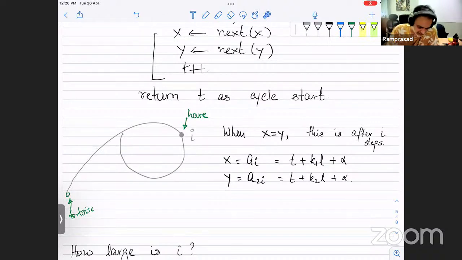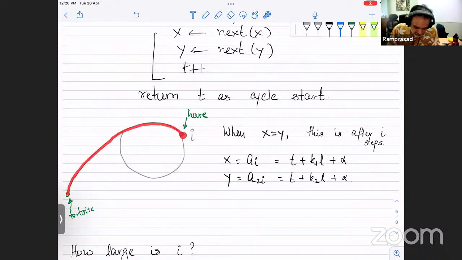So think of it this way. The first part of the algorithm, where the hare was moving twice as fast as the tortoise, at some point the tortoise slowly took its time to come here. But on the other hand, the hare came here, and if the tortoise was allowed to run just as long as it has already run once more, walk as much, you would have ended up coming back to the same spot.